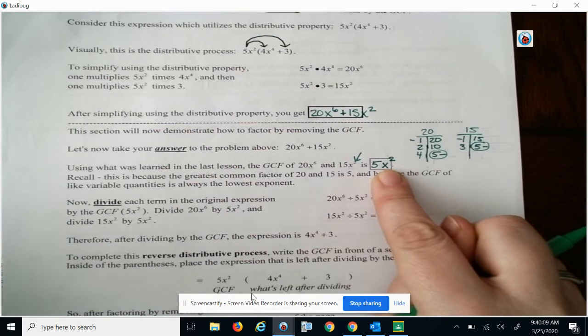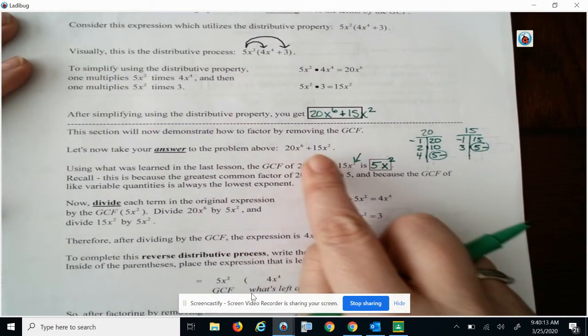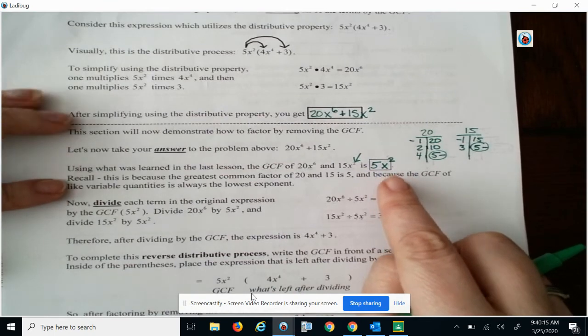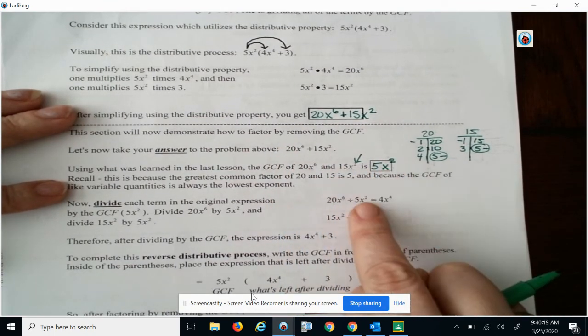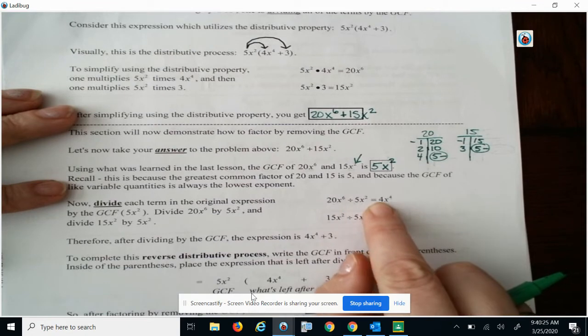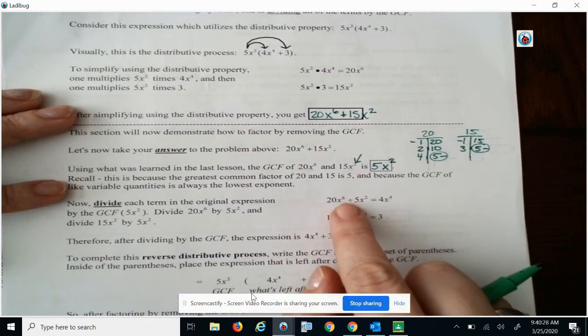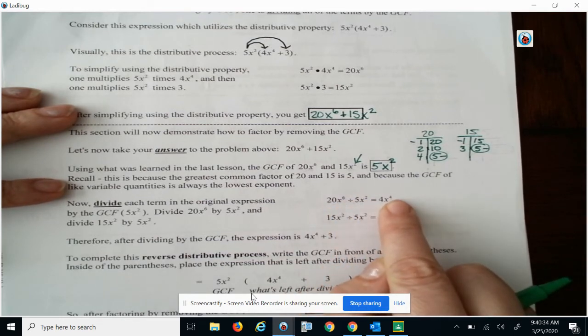Okay, so to factor this out from our question now, we're going to divide each term. So we take our first term and divide it by our GCF. So we divide those big numbers. 20 divided by 5 is 4. And then when we're dividing, we have to subtract the exponents. So 6 minus 2 is 4.